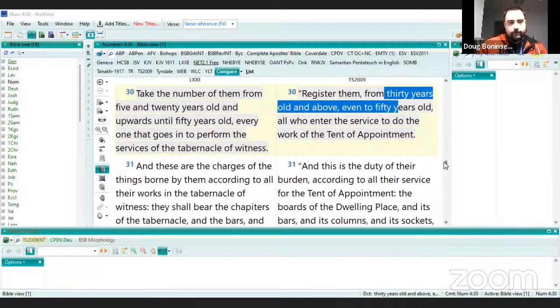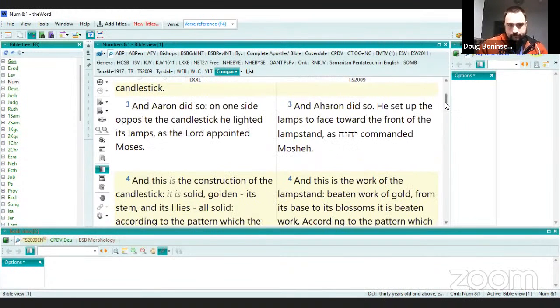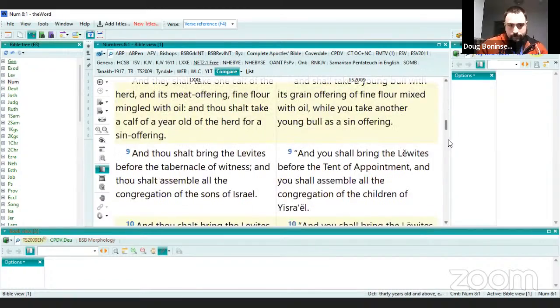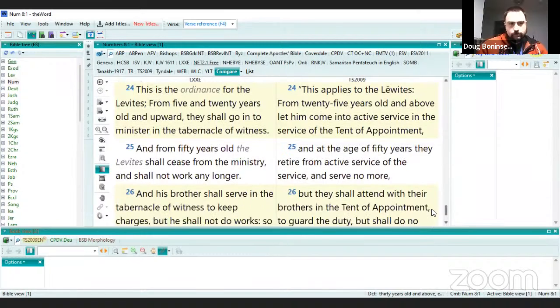You're going to see that in Numbers 8:24 versions, it says 25, not 30. This is for the Levites, from 25 years old and upwards, they shall go into the ministry in the tabernacle of witness. And the ISR as well, 25.